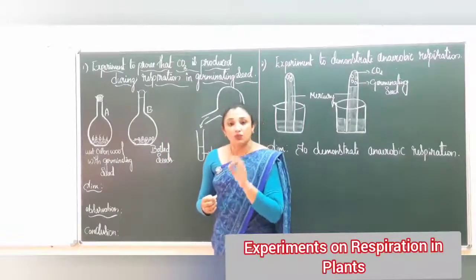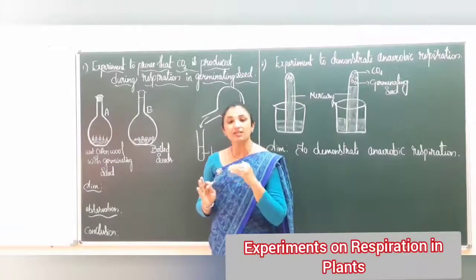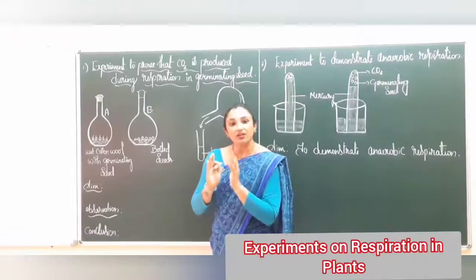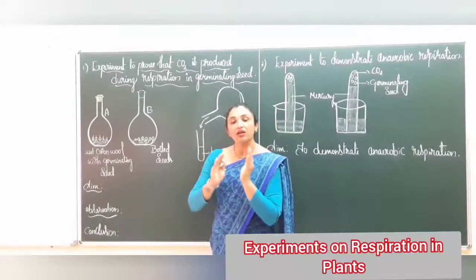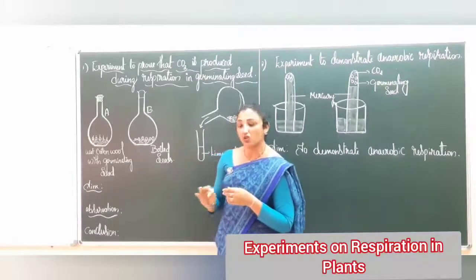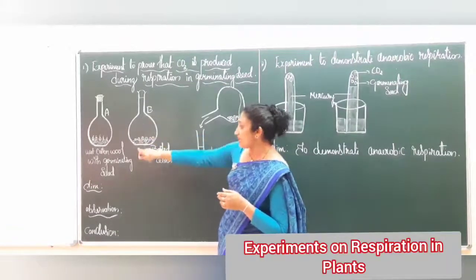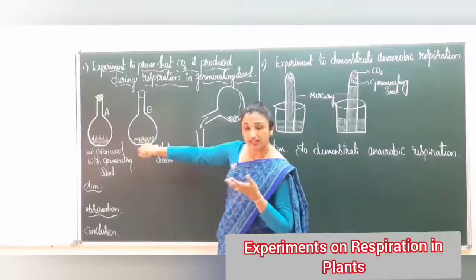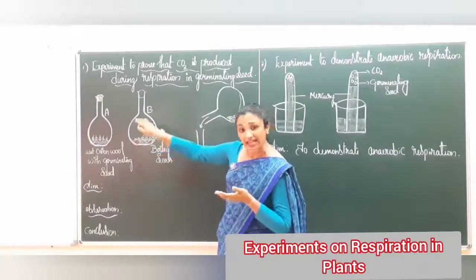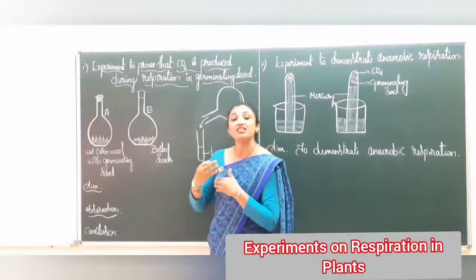While they ask the diagram based question, they will ask a question like write the control setup, or how you will prepare a control setup for the given experiment. So in the control setup, you will take wet cotton wool, and in that you will take the seed which is boiled.